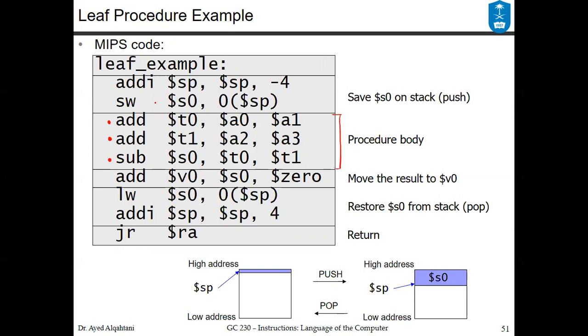Now notice we have first the procedure label, which is called leaf example. And then we have a colon. Notice that in the main function, we must have an instruction, jump and link, and then we call this procedure.